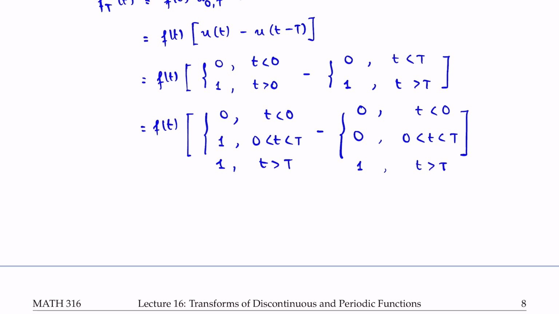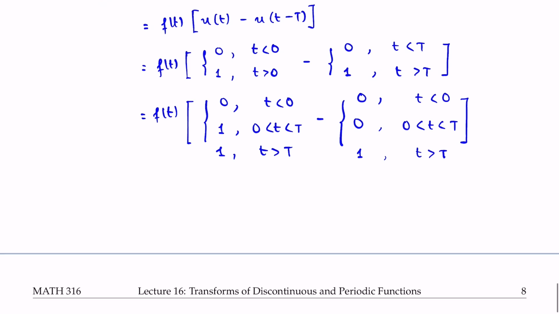Now you can combine these two piecewise defined functions together to get f of t times the piecewise defined function of the form.